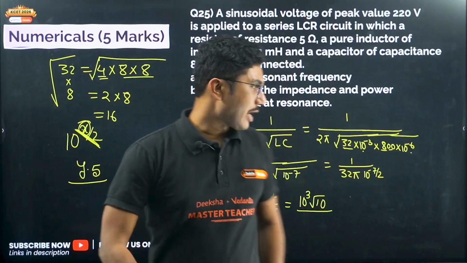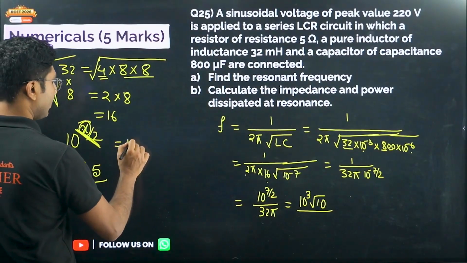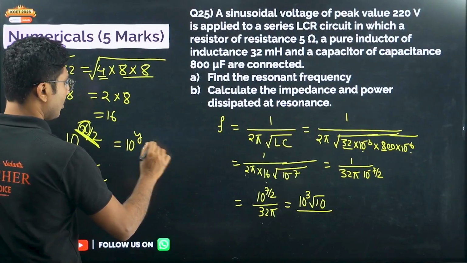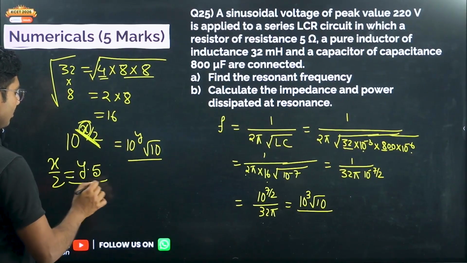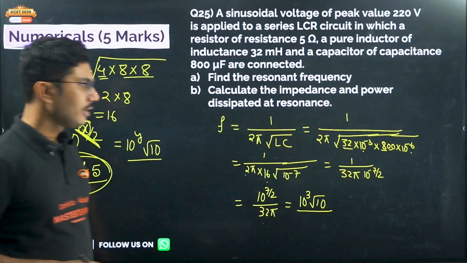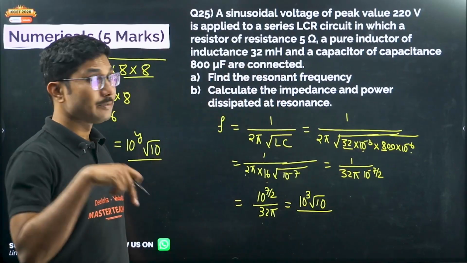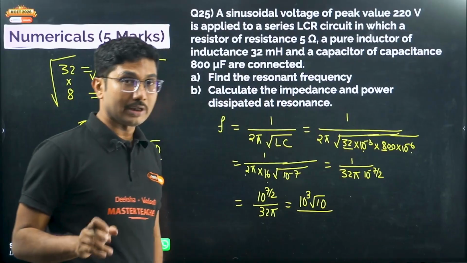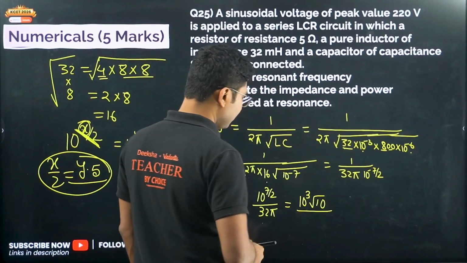So take that y value and put it in the power of 10. So this equals 10 to the power of y root 10, where x by 2 equals y.5. Okay, understood? If you have any doubt regarding this methodology, please mention in the comment below, but don't go anywhere. We have one more chapter coming next, right?